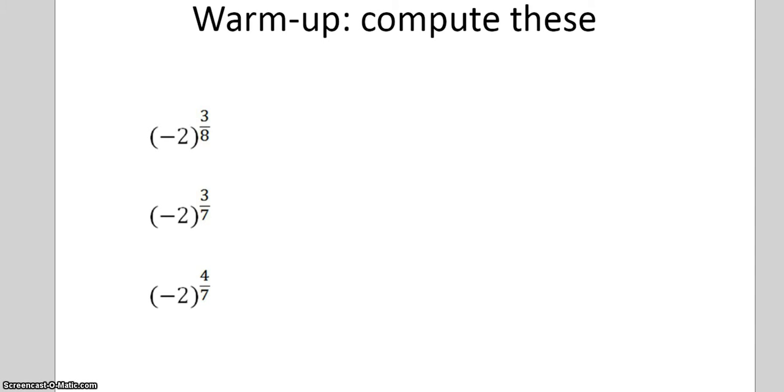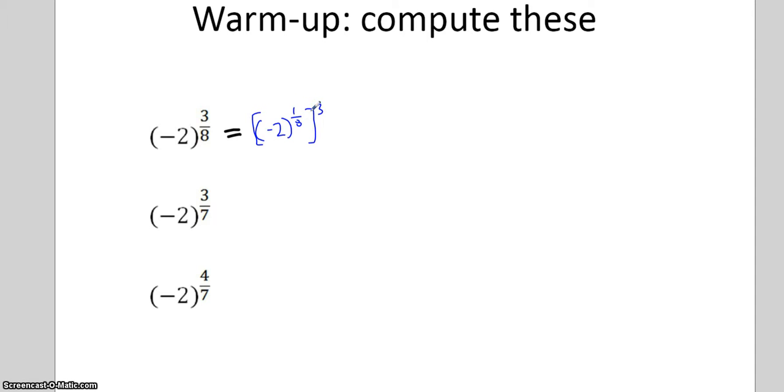Well, because we think of exponentiation as repeated multiplication, the trick here is to really re-express these things in ways that allow us to think about it as true repeated multiplication. So the way I'd like to do that is I'm going to rewrite this top one here as negative 2, using the powers of exponents that we know, to the 1/8 power, all raised to the 3.